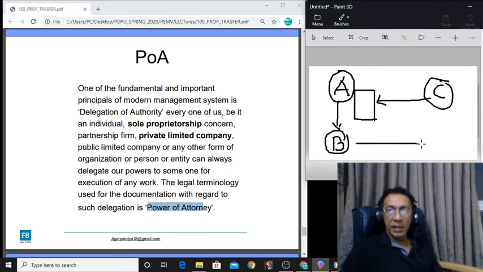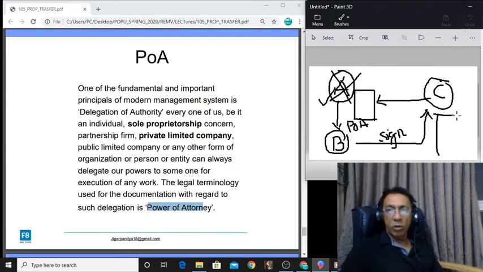In absence of, sorry, A is not present, A is in some other country, and the power of attorney of this property is with B. So in that case, when C wants to buy this property, B is going to sign on behalf of A.